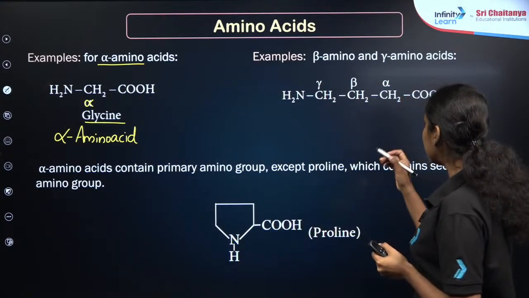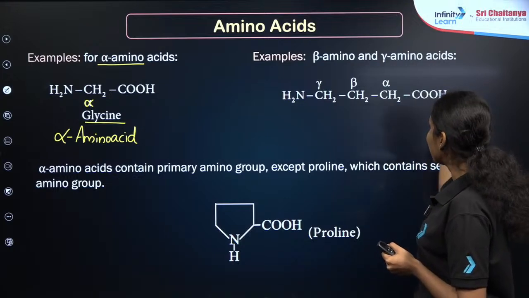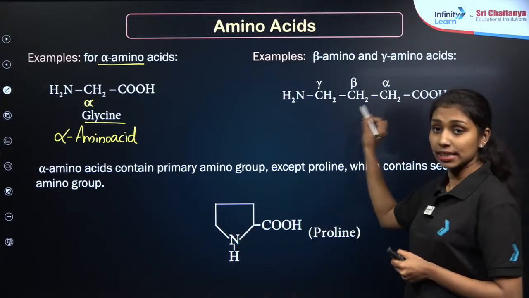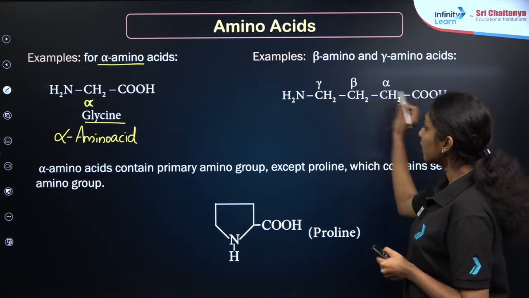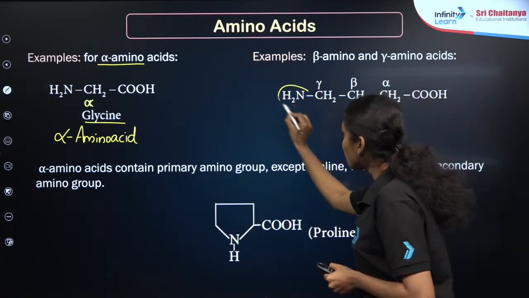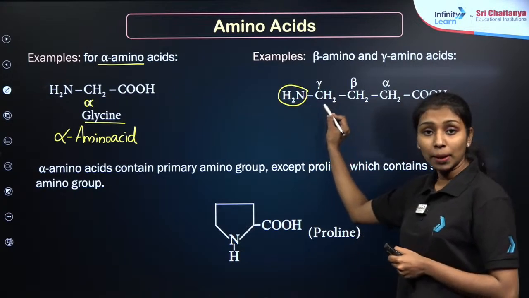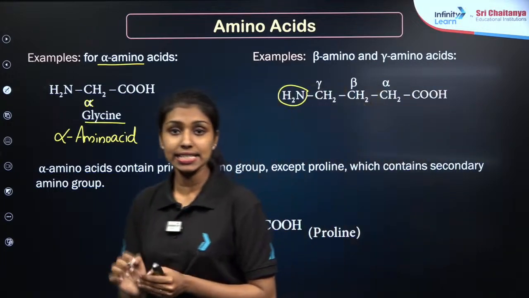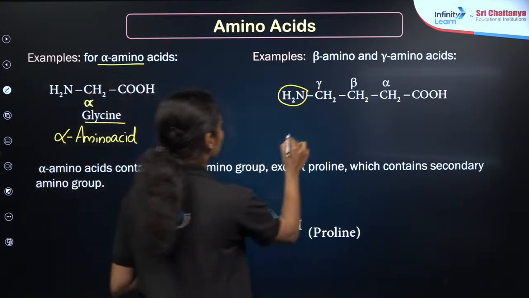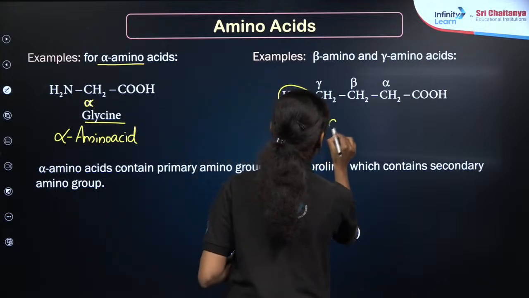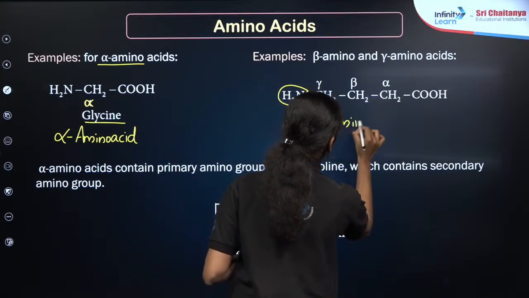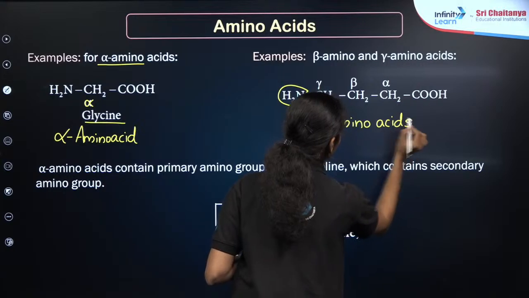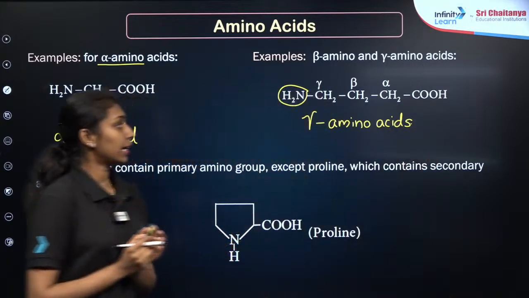Now let us see here, this is our carboxylic acid group which is present on the alpha carbon atom, right? The nearby carbon atom is known as the beta carbon, then gamma carbon. Here we can say that the NH2 group is present on the gamma carbon atom, right? So I can call this amino acid a gamma amino acid.